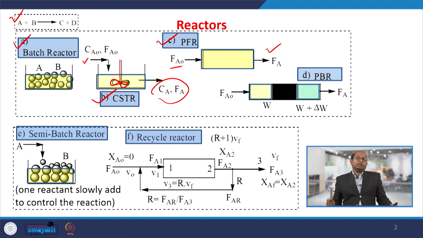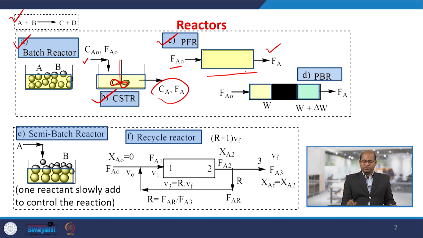When the reaction takes place inside this type of reactor, the molar concentration of the reactant gradually decreases along the length of the reactor. So, if we go from the left-hand side to the right-hand side, the concentration and rate both will change from point to point. Okay.